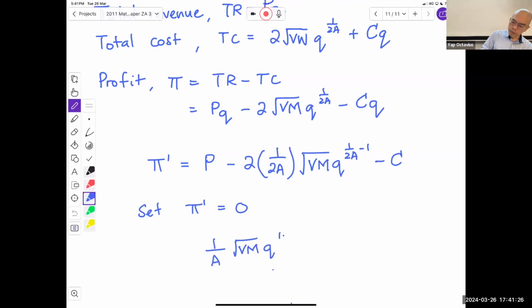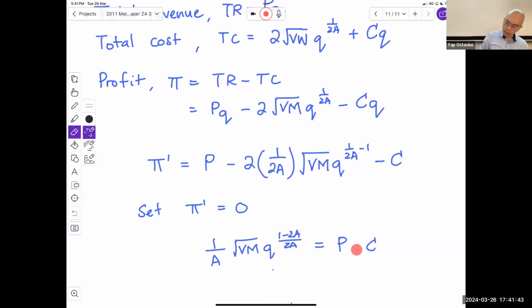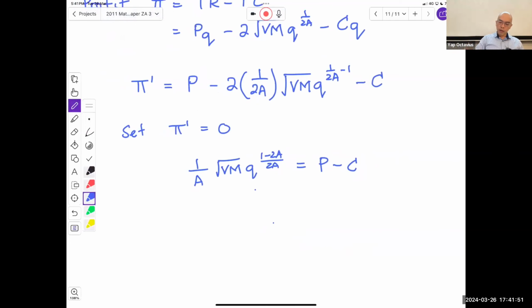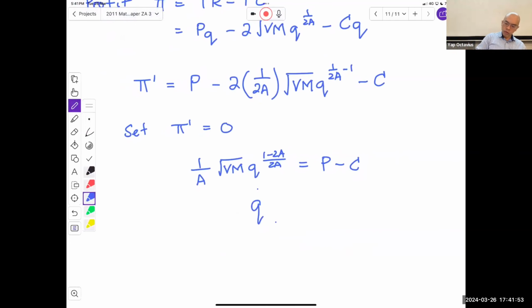So you get 1 minus 2A over 2A equals P plus C. Wait, no, not P plus C. What is it? P minus C, not P plus C, sorry. P minus C. Okay, continue to simplify.